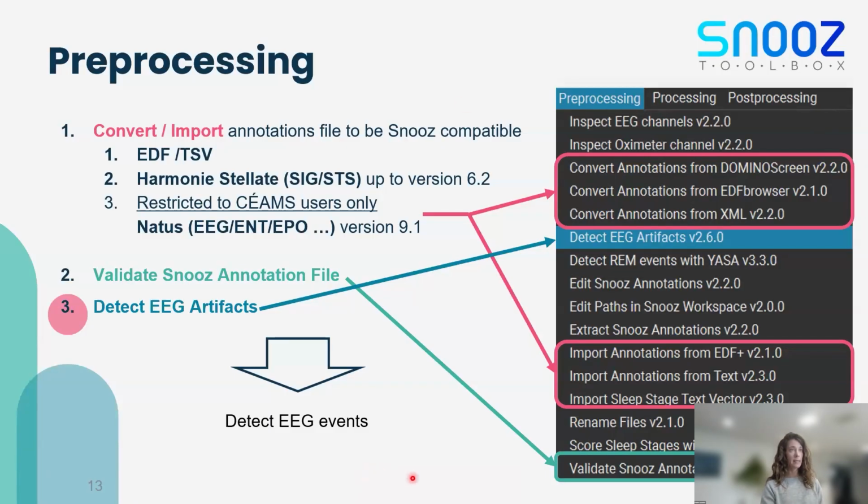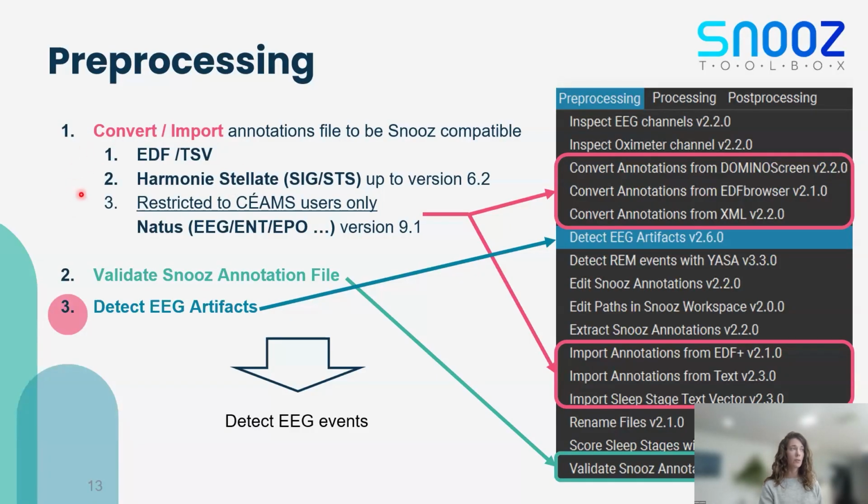Before detecting sleep events, a few pre-processing steps may be required. Since we generally detect spindles and slow waves within specific sleep stages, an annotation file is required for your PSG recording. Snooz includes several converters and importers to make your annotation files compatible with the Snooz toolbox. The open source version of Snooz supports two main formats, the EDF and the Harmonie format.